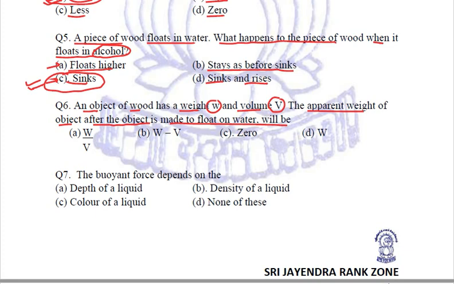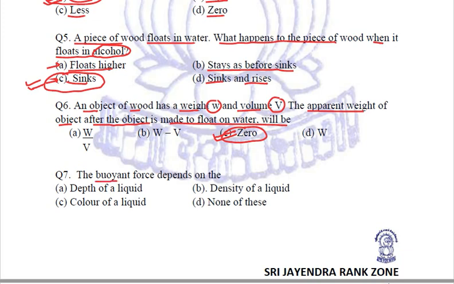Now, if this wooden object is floating on the surface of water, then the apparent weight will be 0. Why? Because of the upthrust, because of the buoyant force which is applied by the water. So C will be the right answer to this question. Coming to the next question, students.